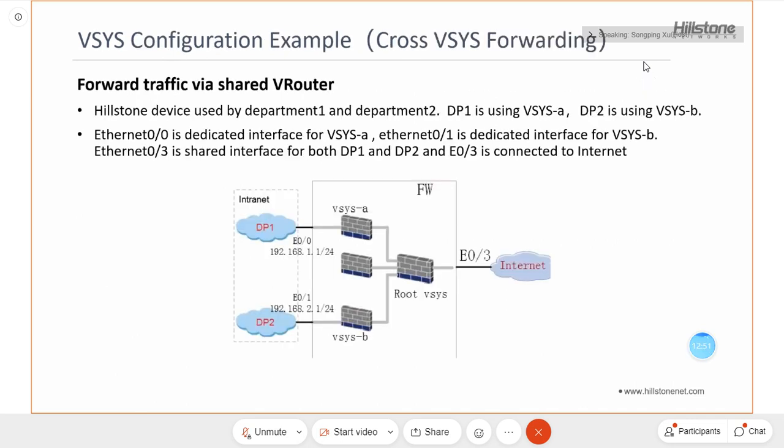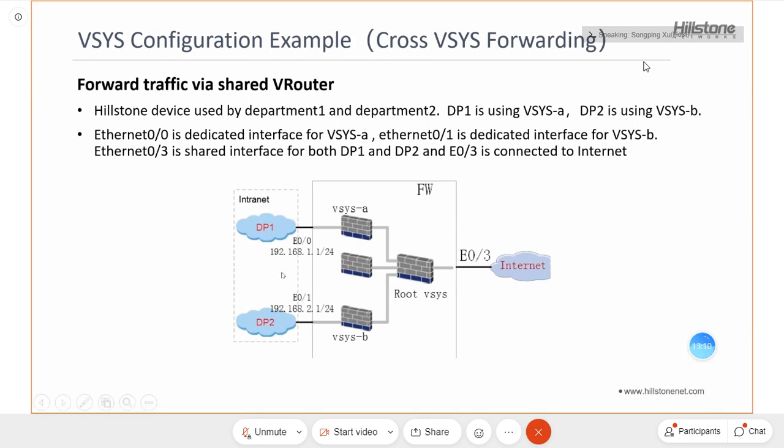Here is the VCS configuration example, which is cross VCS forwarding. As I mentioned, the firewall itself acts as the root VCS. So by default, all these resources belong to the root VCS.